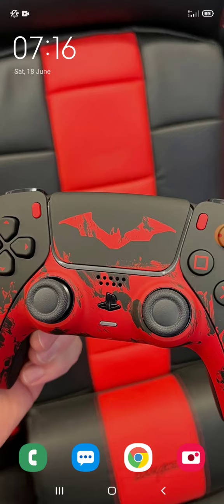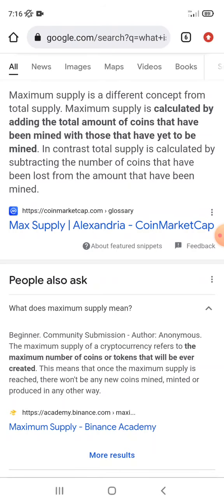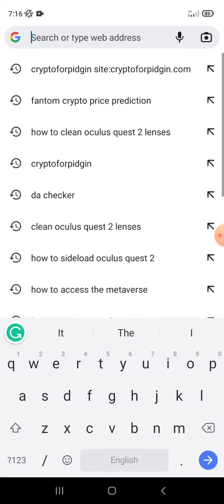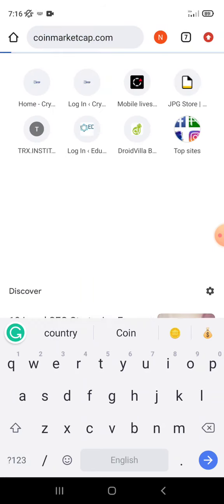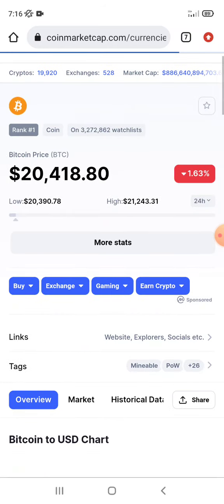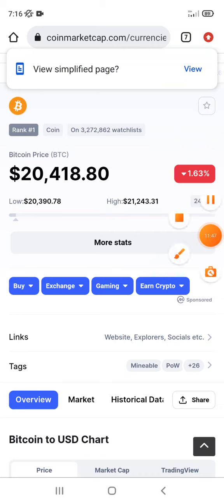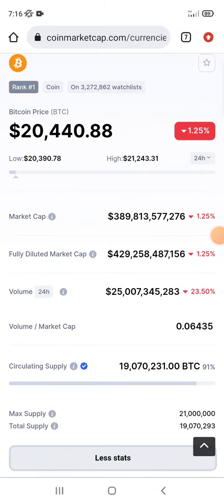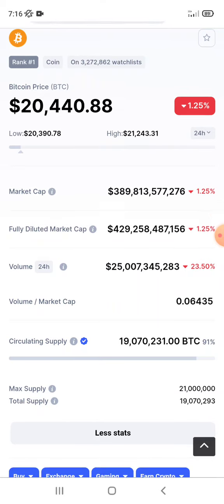But let's just check coinmarketcap. Let's see how they write their statistics, so you understand. Okay, let's choose Bitcoin also. Okay, I think it's the same thing. Just click on more stats. So I click it. You see the same thing: market cap, fully diluted market cap, volume.